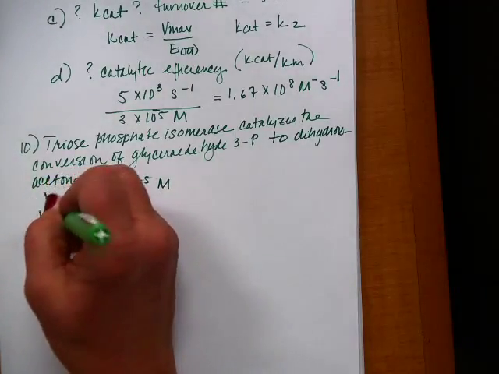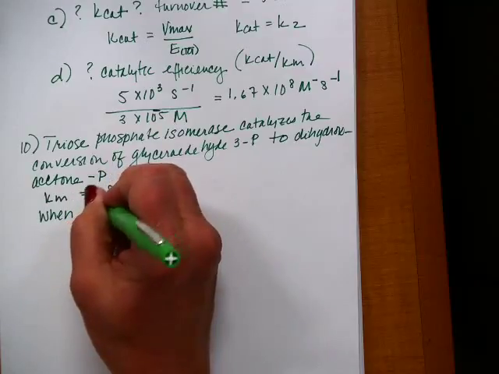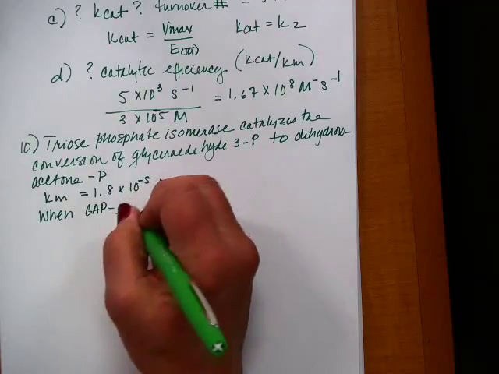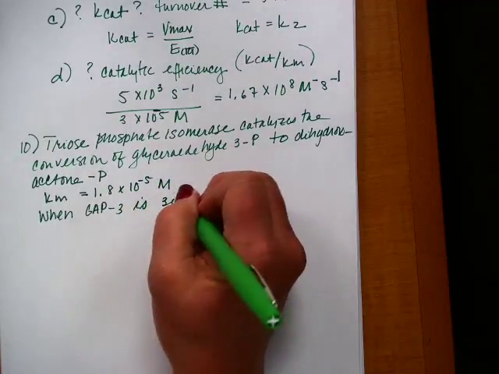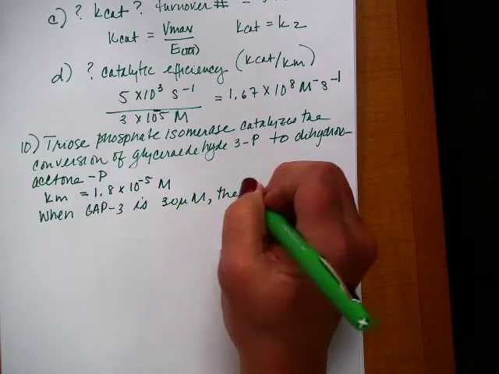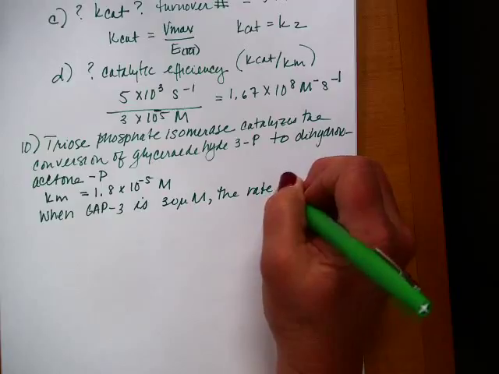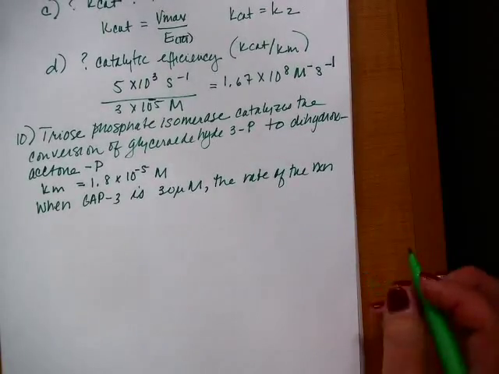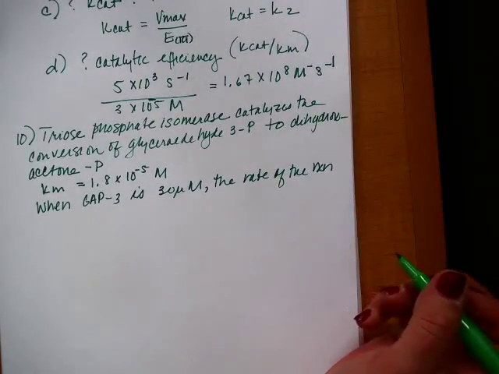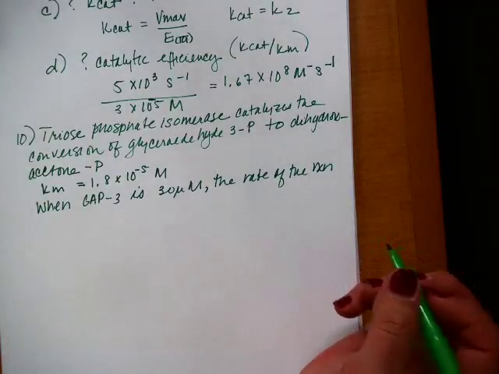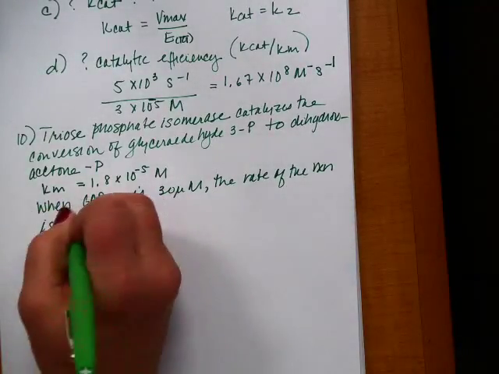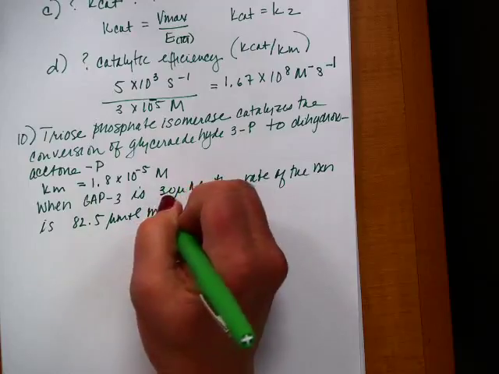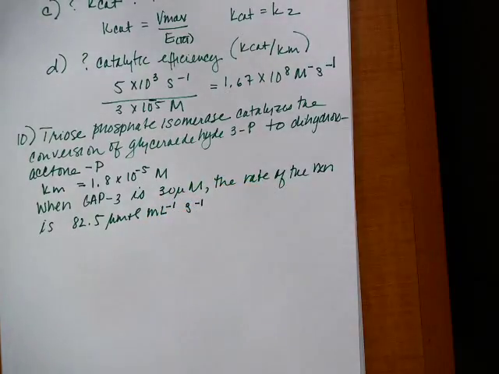And then we're told when GAP, which is glyceraldehyde 3-phosphate in notation, is 30 micromolar, the rate of the reaction, which RxN is my abbreviation for, is 82.5 micromole mil to the minus 1 s to the minus 1.